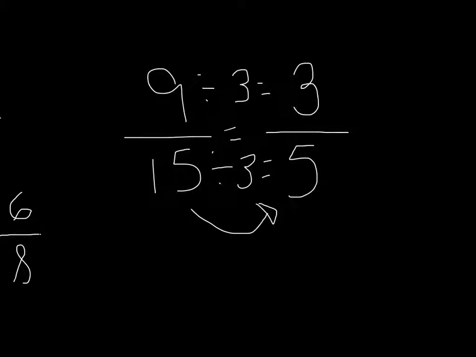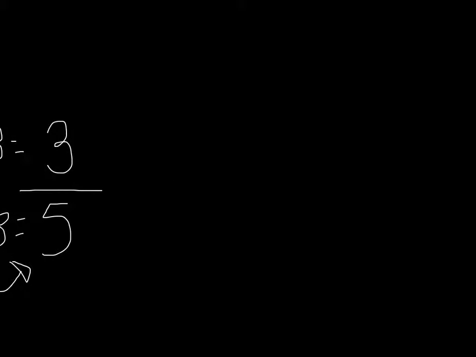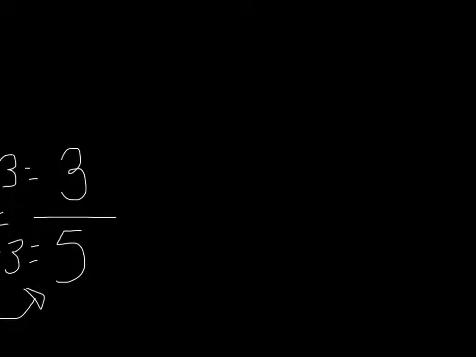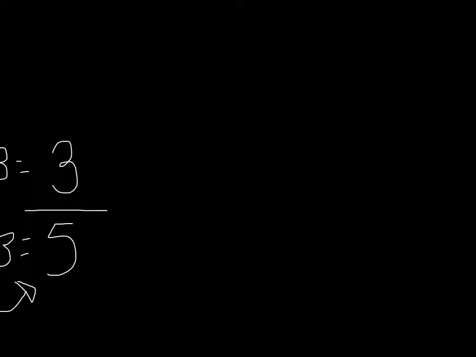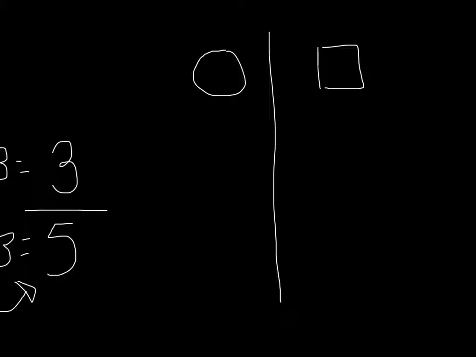For box number 4, we have a column with a circle and a column with the square. The number in the circle column is going to be converted into a number in the square column, right in here. What do we have to do to this number to make it an equivalent number in this column?